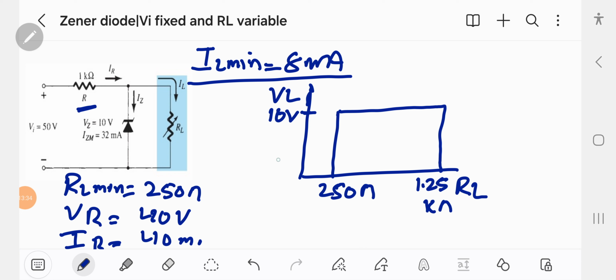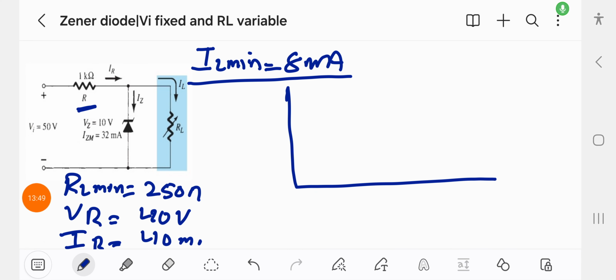For 10 volt we have RL minimum 250 and RL maximum 1.25k. Now when we plot VL across IL, what happened?